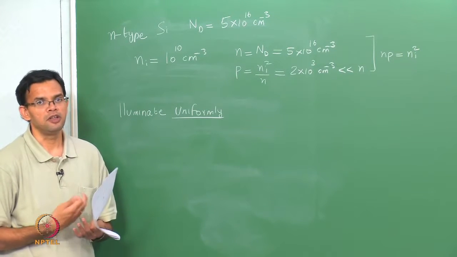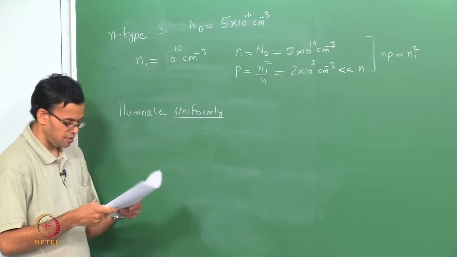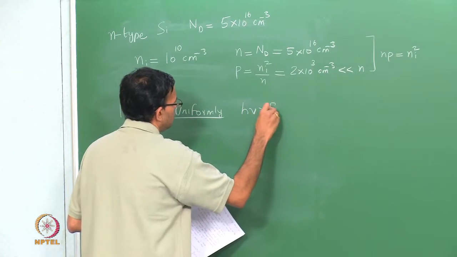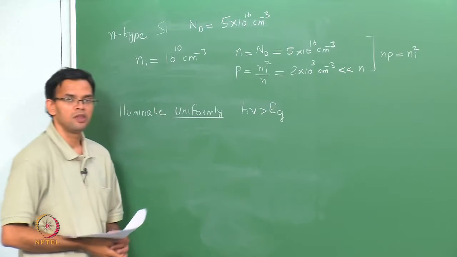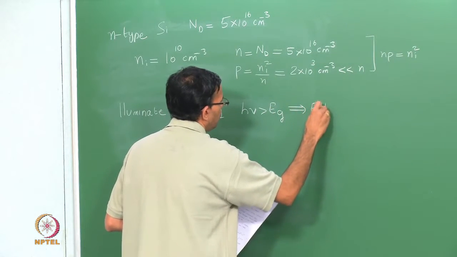I am not worried about gradients within it. Later we will see what happens if we have gradients, and the energy h nu is greater than Eg, so that we have electron hole pairs.